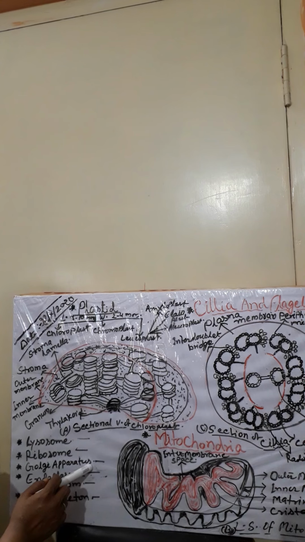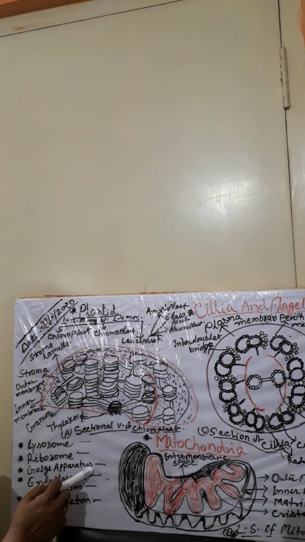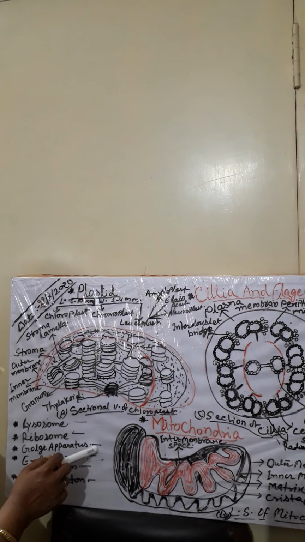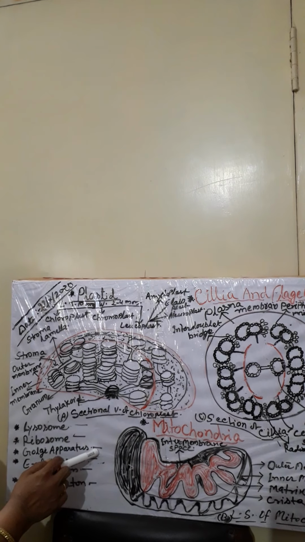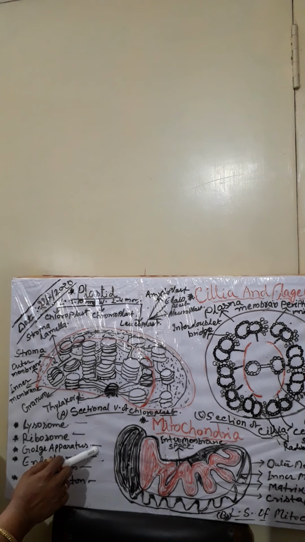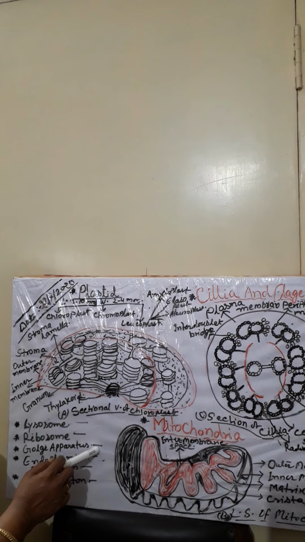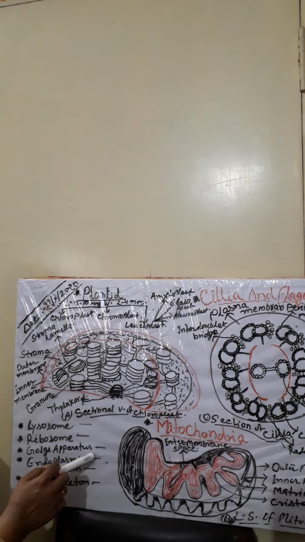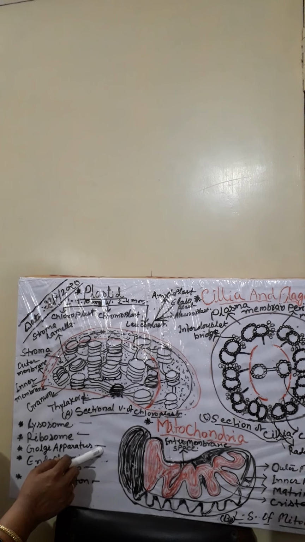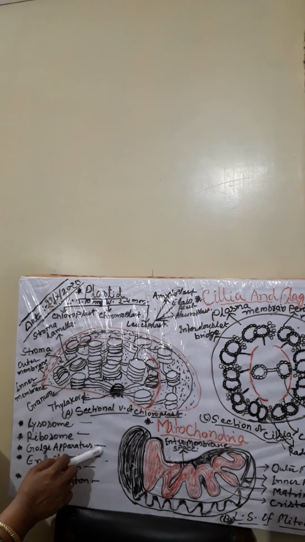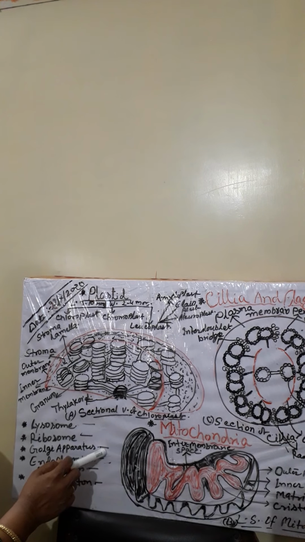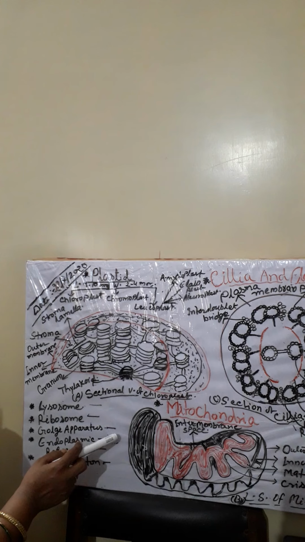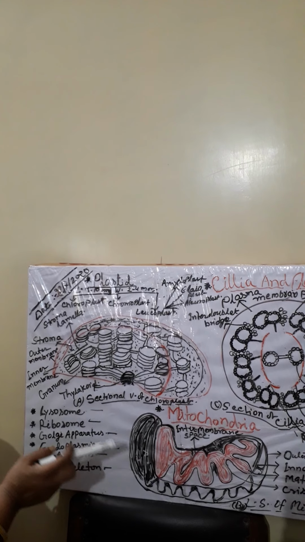These were named the Golgi body after his observation. They consist of many flat, disc-shaped sacs or cisternae of approximately 0.5 to 1.0 micrometer in diameter. These are stacked parallel to each other.